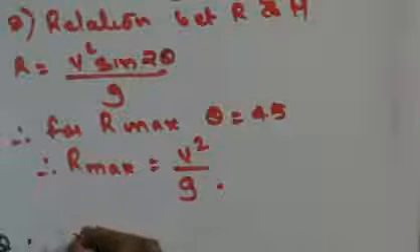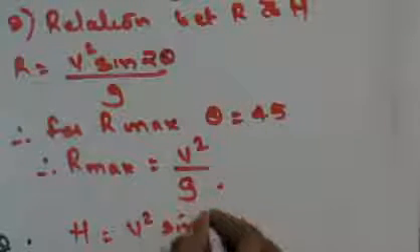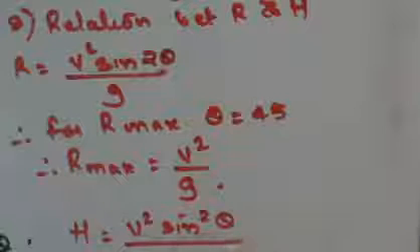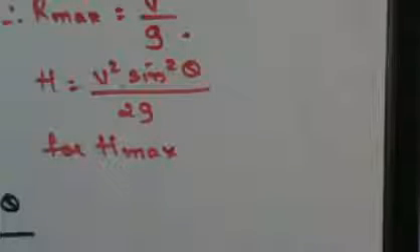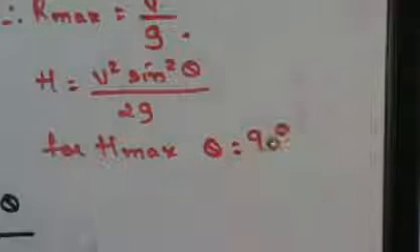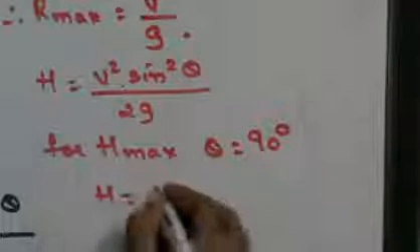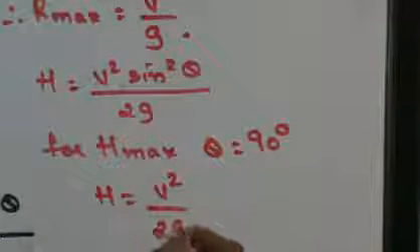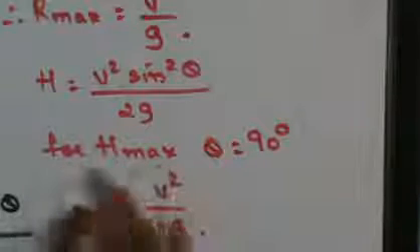Similarly, H is equal to v square sin square theta upon 2g. For H max, the maximum value of sin theta is 1, for which theta is 90 degrees. Then H is equal to v square upon 2g. This is your H max.